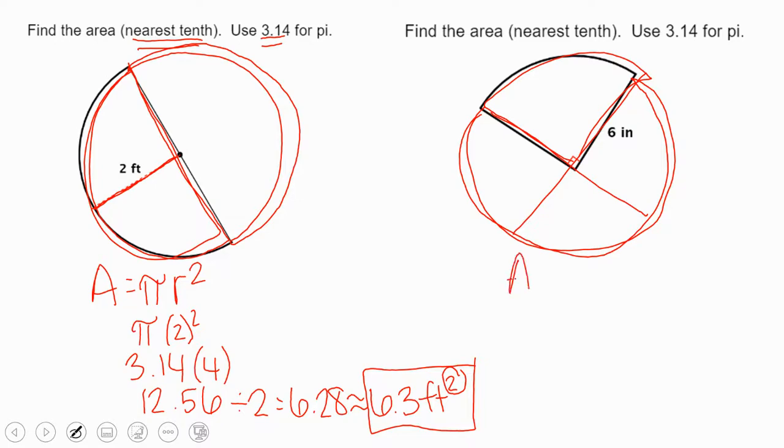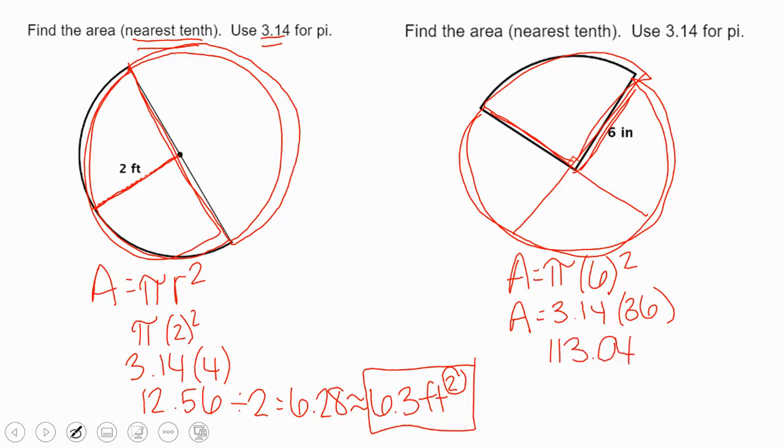So the area is pi r squared. The radius here is 6. So we have pi is 3.14. 6 squared is 36. Use your calculator to help you with that part, and you're going to get 113 and 4/100.